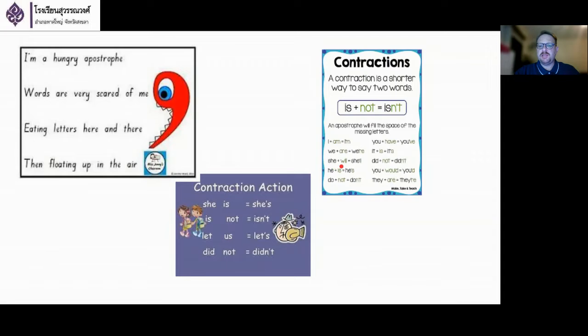She plus will is she apostrophe ll. She'll. She will. She will go to the store. She'll go to the store. I am having fun. I'm having fun.